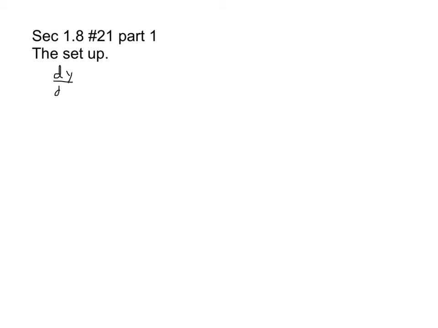Again, we're working with a linear, non-homogeneous problem of the form dy/dt plus some constant a times y. And on the right-hand side, I want you to think that we have two different types of non-homogeneous terms.